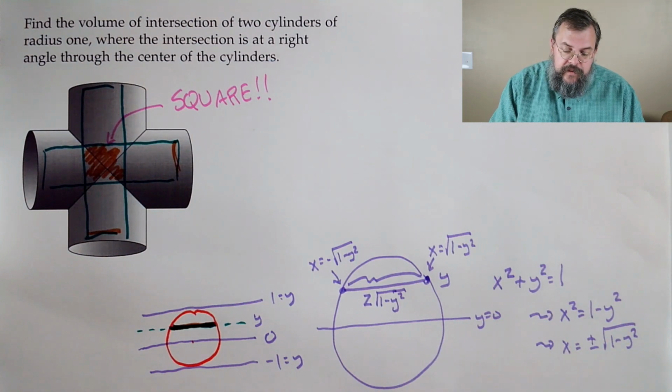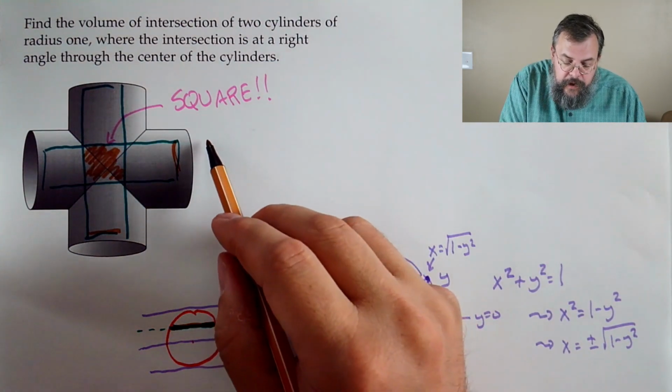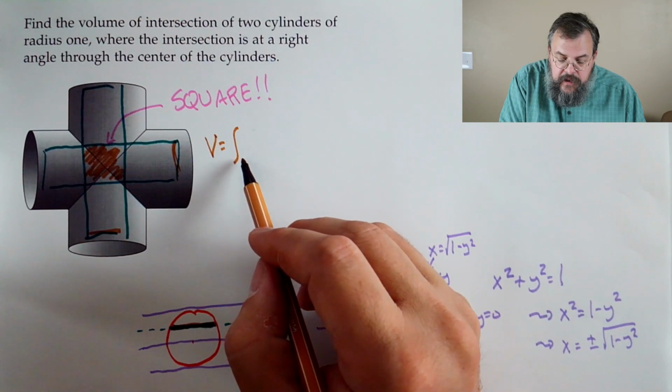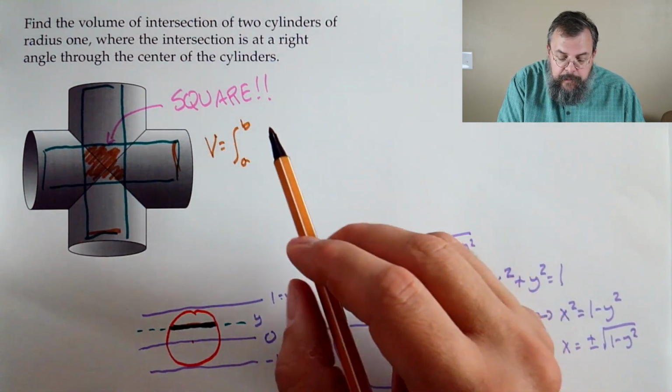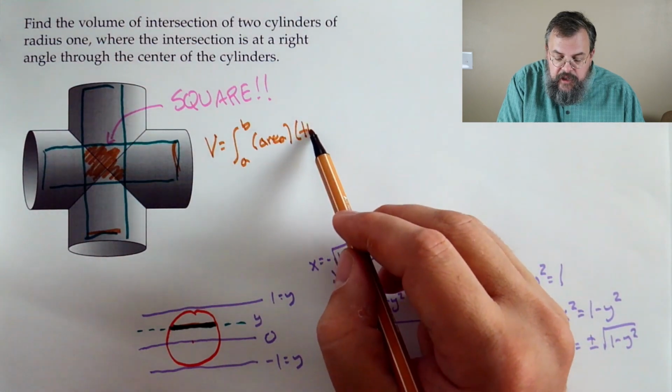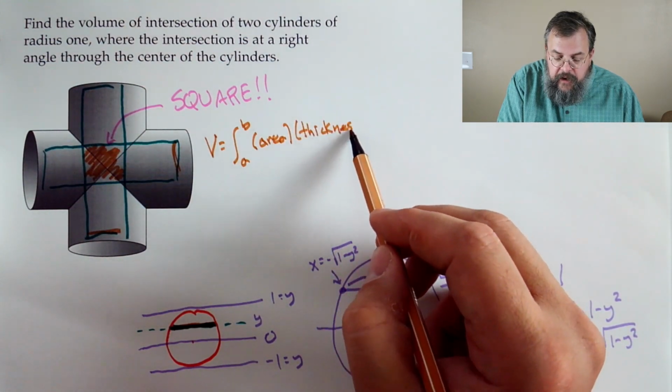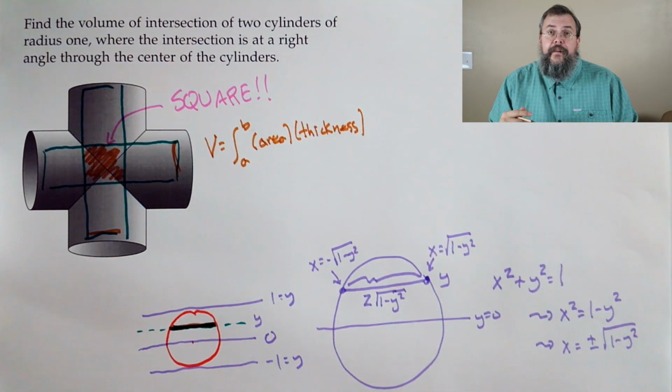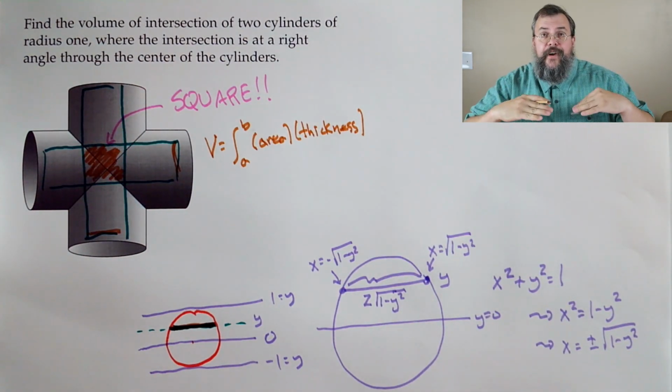So our setup is the following. Our volume is the integral from a to b, start to stop, of the area of our cross-section times our thickness. Now, the way we're thinking about it is we're really thinking about it as y varying.